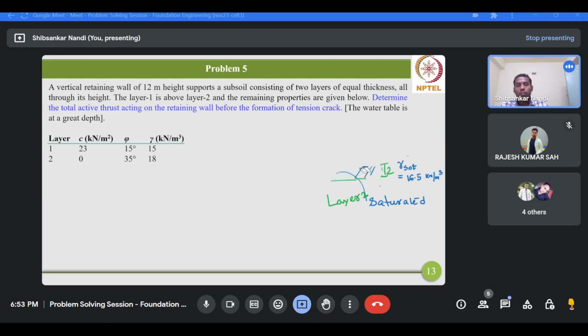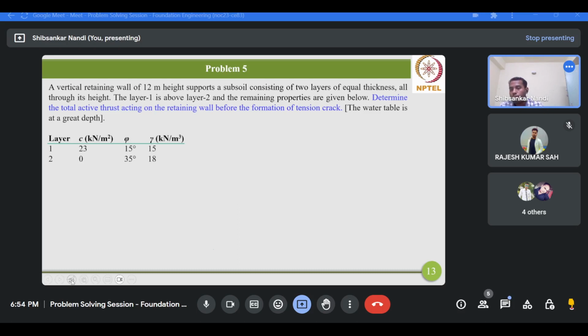However, in this problem there is no water table location inside the layer; rather, it is mentioned that the water table is at a great depth. So therefore you need not bother about the water table. However, for examination purposes or assignment problems, if you have the water table inside the backfill, please consider the effect of the water table on the active earth pressure distribution or the passive earth pressure distribution, whatever the scenario is.